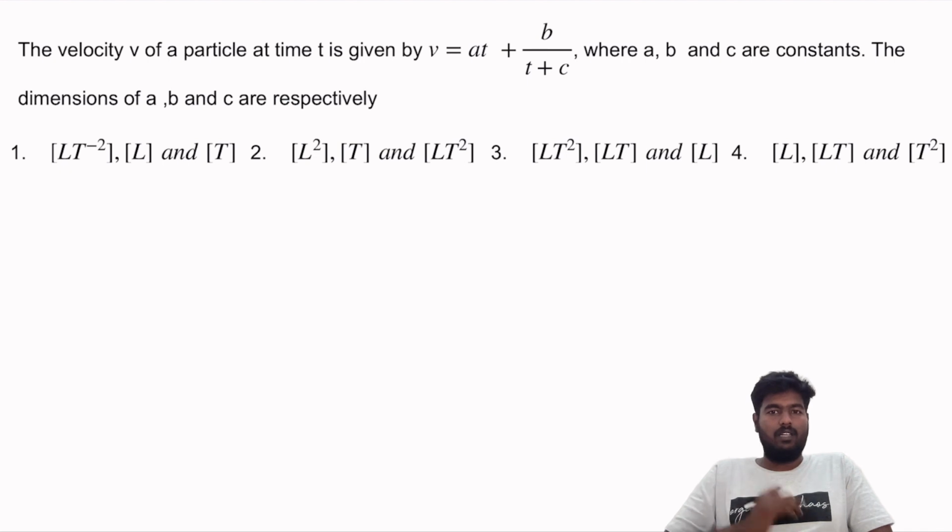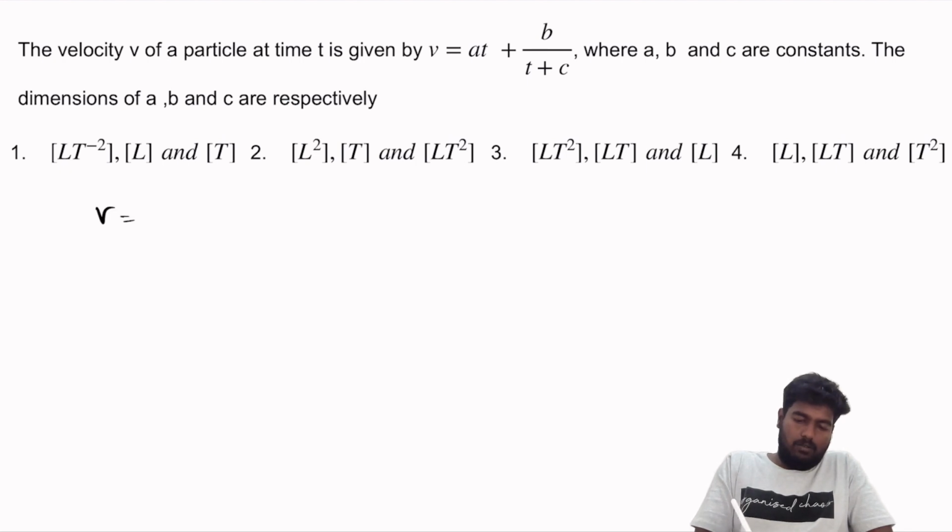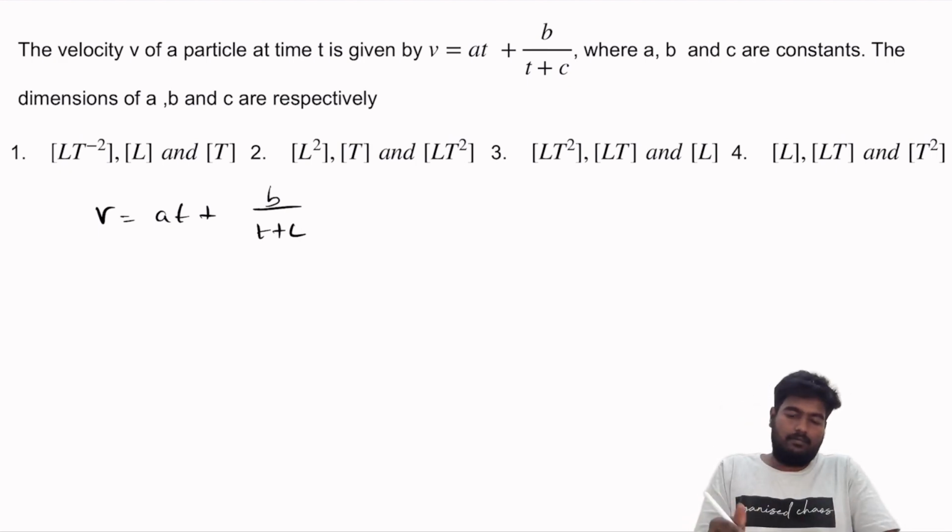Now we have to use homogeneity. We have v equals a t plus b by (t plus c). Now t is added with c, so c also has to have the dimension of T. So the dimension of c is just T.